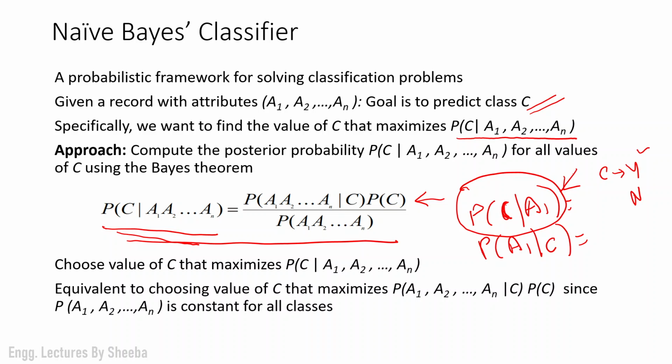Because it is directly proportional, when you are choosing the value of C which maximizes this probability, the numerator also gets maximized. So we ignore the denominator. Why do we ignore the denominator? Because it is constant for all the classes. So when applying this naive-Bayes classifier, we consider only the numerator part and ignore the denominator.